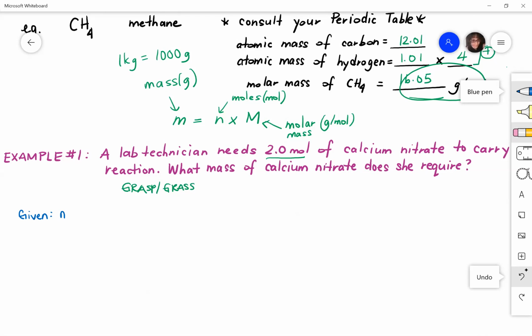So before we write down these number of moles, maybe as a little review, we should come up with our chemical formula of calcium nitrate. Remember, calcium on your periodic table is Ca2+. Nitrate is a polyatomic ion.